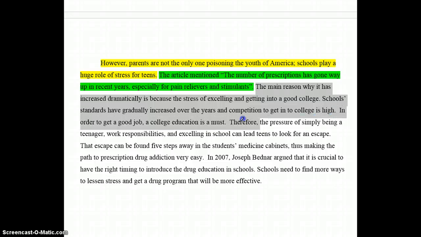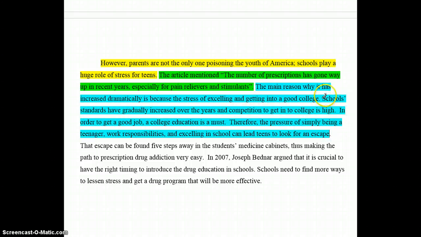In order to get a good job, education is a must. Therefore, the pressure of simply being a teenager, work responsibilities, and excelling in school can lead teens to look for an escape. That escape can be found 5 steps away in students' medicine cabinets, thus making the path to prescription drug addiction very easy. Okay, good.